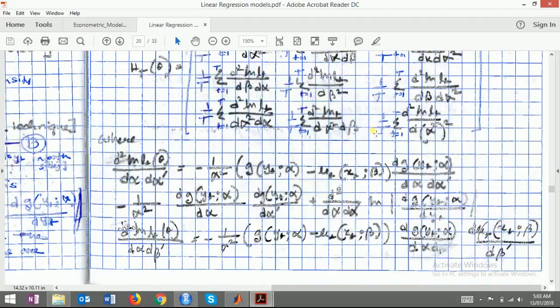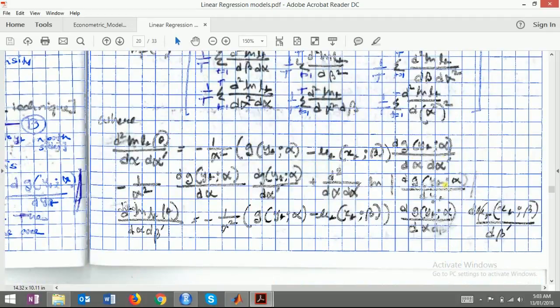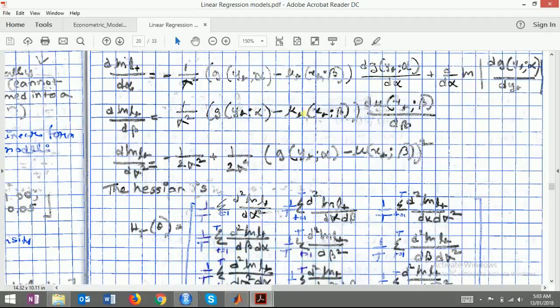Now ∂β squared, what will change in ∂β squared? In ∂β squared we will be remaining with the equation as it is. The only difference is it will start with a minus, and the last part will change.